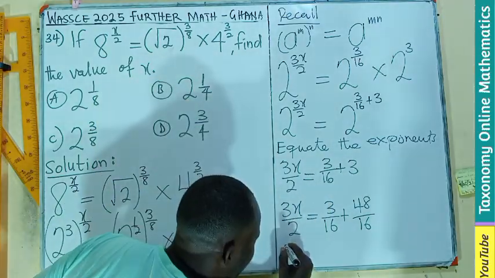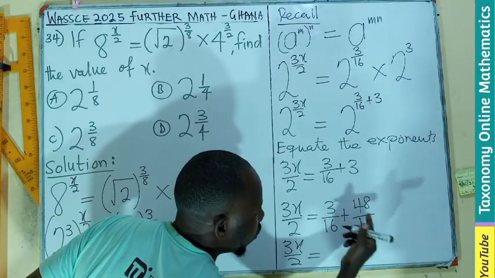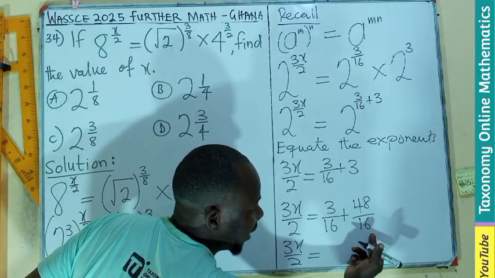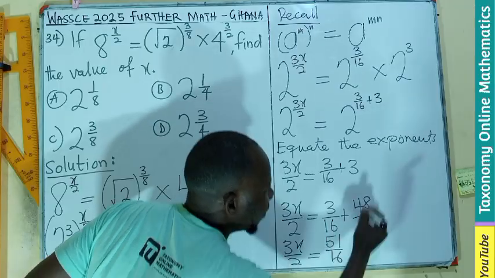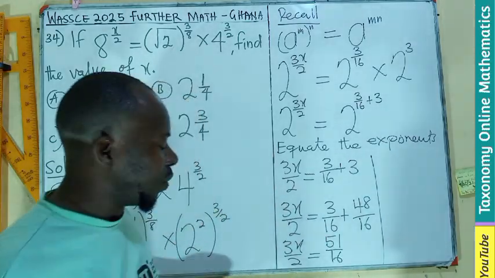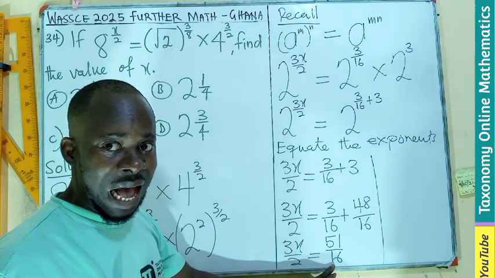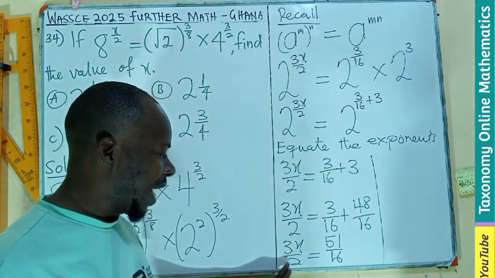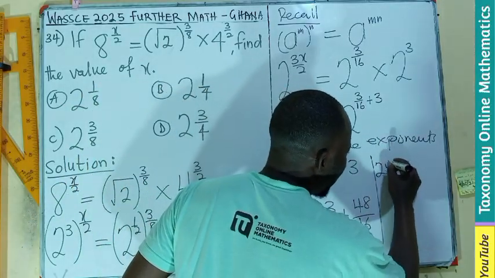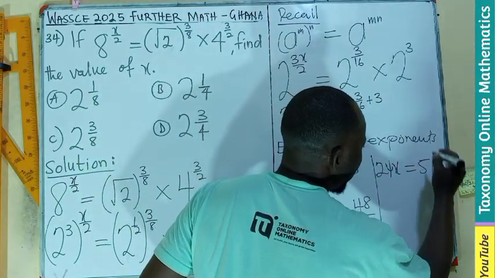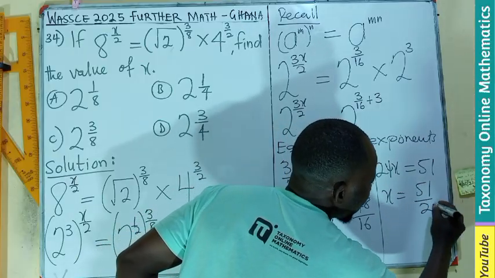So I can easily say that I have 3x/2 equals, with the same denominators, we add the numerators, 51/16. But what can I do from here? I can multiply both sides by 16 as the LCM. So 16 here, 2 can go here, 8. 8 times 3 will give me 24x equals 51. Therefore, x is 51/24.